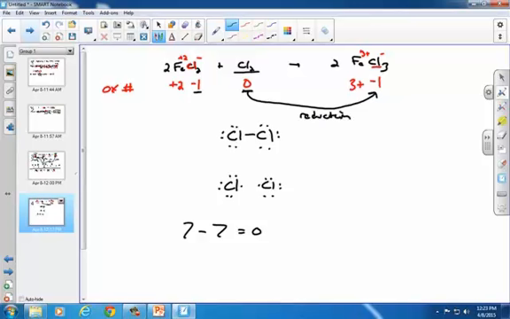The chlorine of the Cl2 is being reduced. And what's being oxidized? The iron. It's going from a +2 to a +3. That's an increase in its oxidation number. That's an oxidation. So the iron is oxidized. The Cl of the Cl2 is reduced. Can't have one without the other.